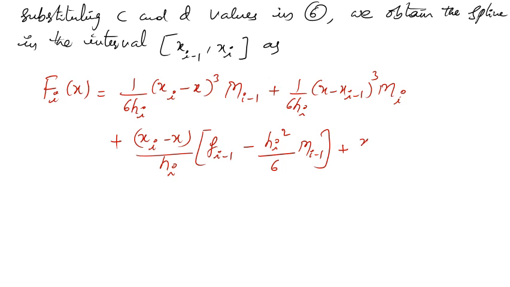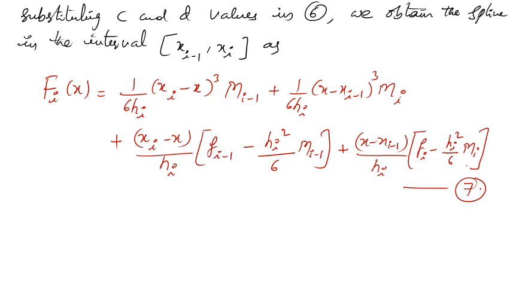Next, x minus xi minus 1, the d value, 1 by hi (fi minus hi square by 6 mi). This is equation 7. You have to remember, this is important. It is the cubic spline expression.